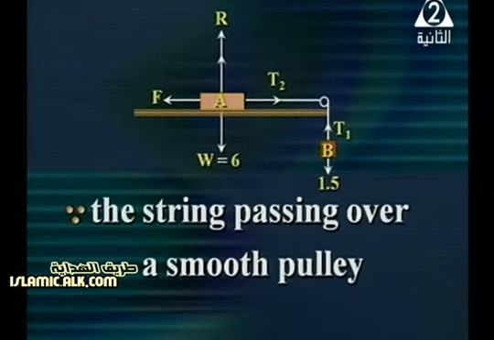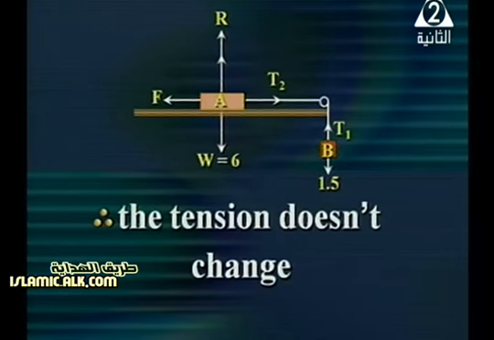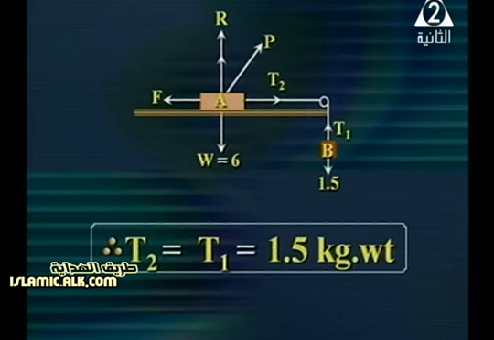Look at the string passing over a smooth pulley. The tension doesn't change. What do I mean? T2 equals T1, each one equals 1.5 kilogram weight.